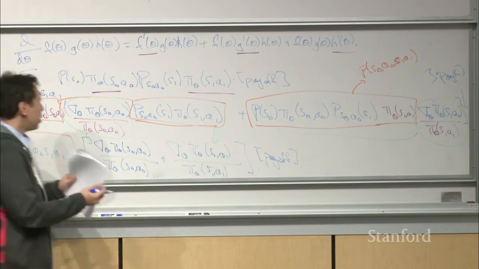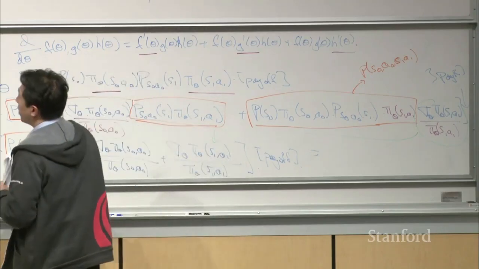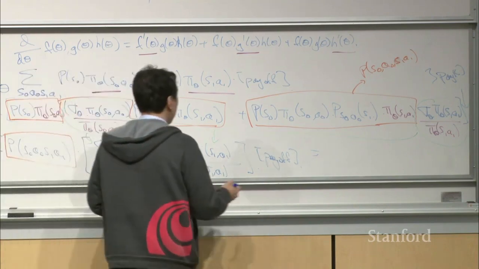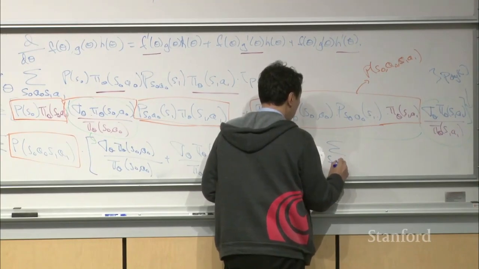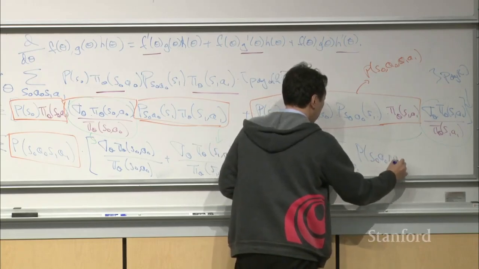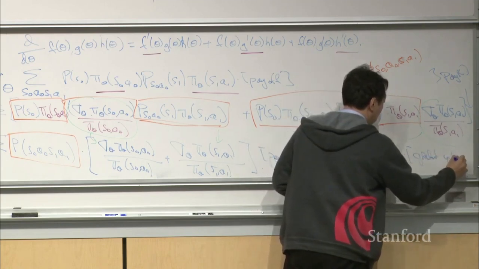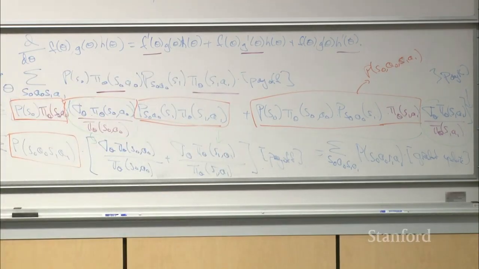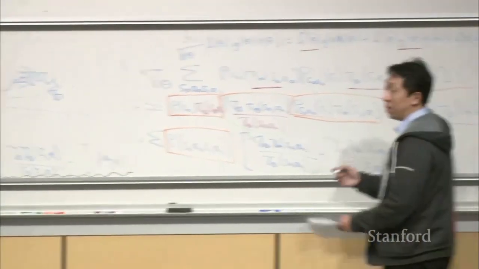And so this is just equal to, well, if you look at the reinforce algorithm that we wrote down, this is just equal to the sum over all the state action sequences times the probability of the gradient update. Because I guess I'm running out of colors. But this is a gradient update, and that's just equal to this thing.